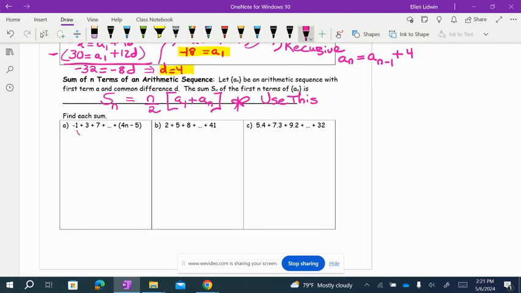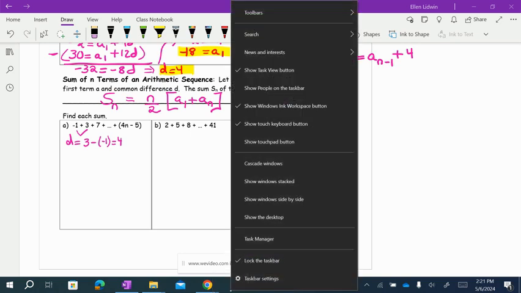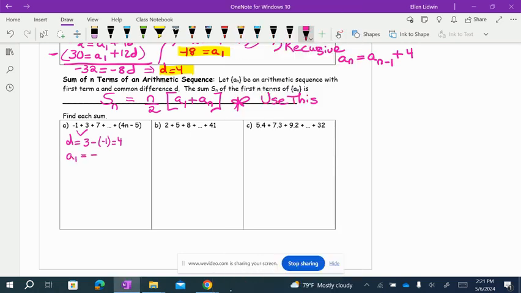All right, the first thing we have to do is determine if it's arithmetic. So we look at the second term minus the first term, and we get 4. If we can add 4 to 3 and get 7, then we know the common difference is 4 for every term, and therefore it's arithmetic. A sub 1 is negative 1.